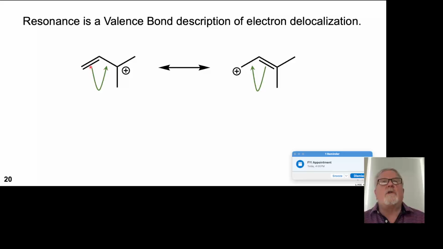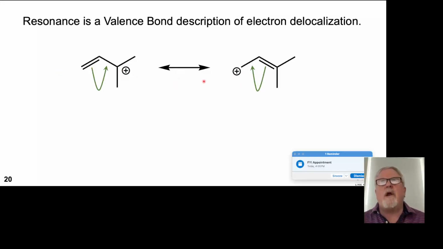And we can delocalize our electrons through resonance, so that the positive charge is shared between this carbon and this carbon. Roughly 50-50%, although this particular contributor would contribute a little bit more because it's secondary-like, and this one is primary-like.